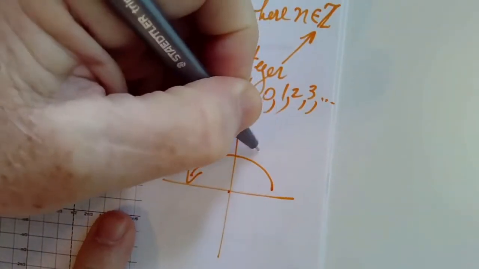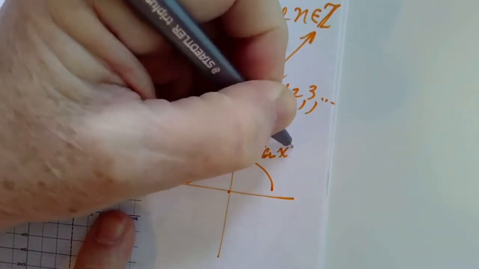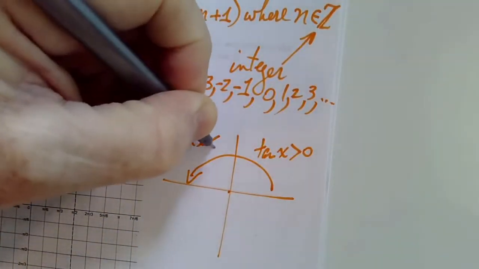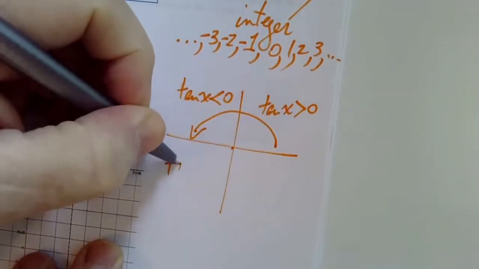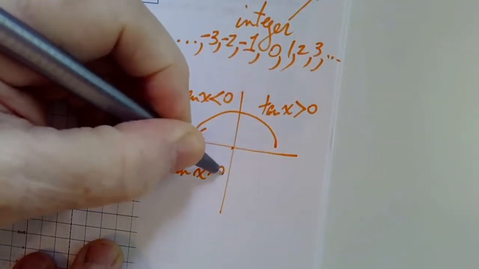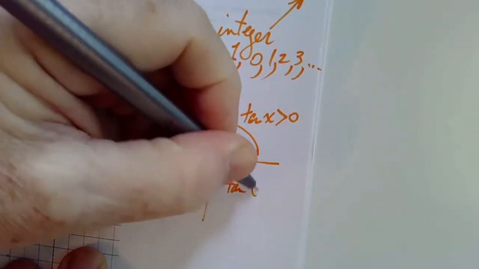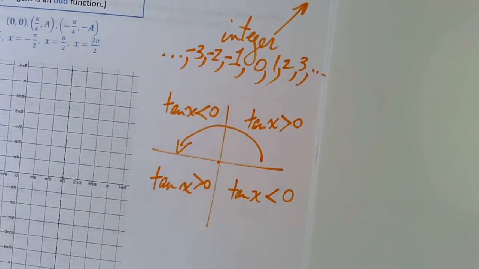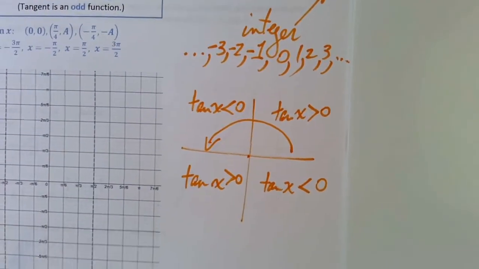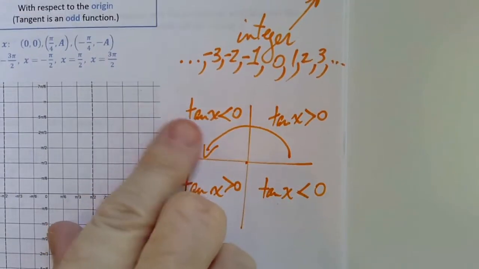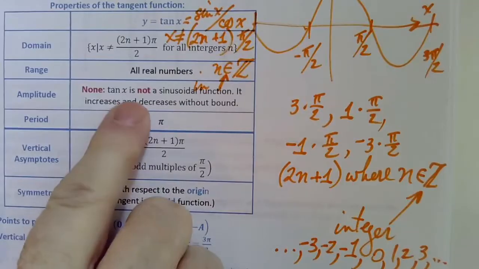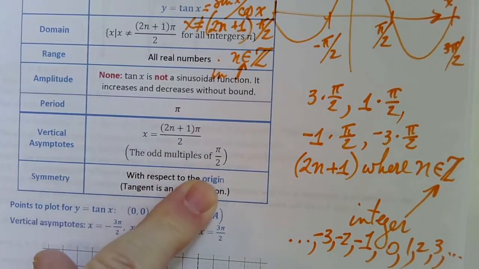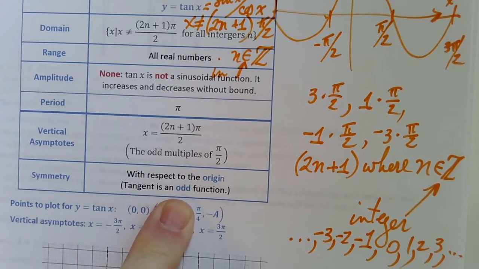So in other words, tangent of x is positive in quadrant 1, it's negative in quadrant 2, but it goes right back to being positive in quadrant 3, negative in quadrant 4, and since those values are the same values, the only things that change are the plus and minus signs, then tangent repeats every pi units. So its period is pi. The symmetry is with respect to the origin, and that's because the tangent is odd.